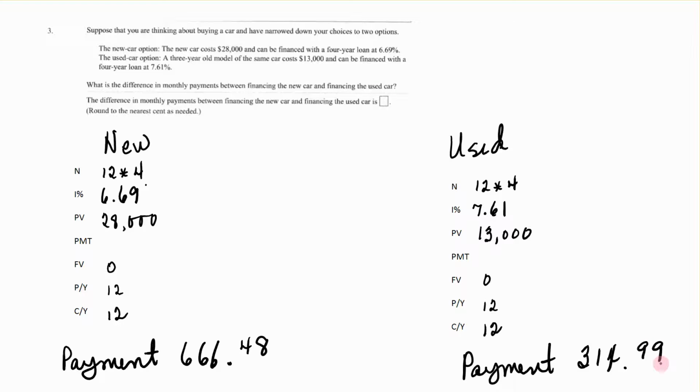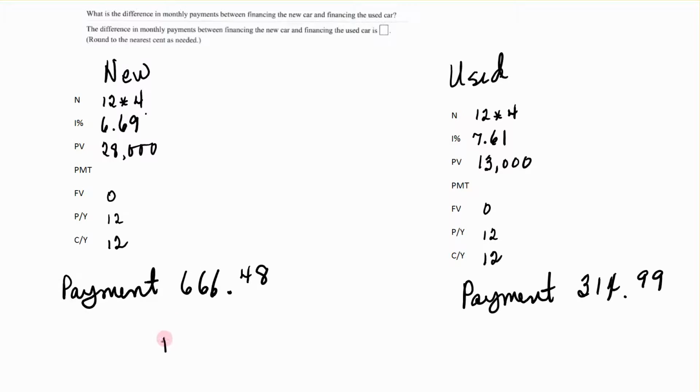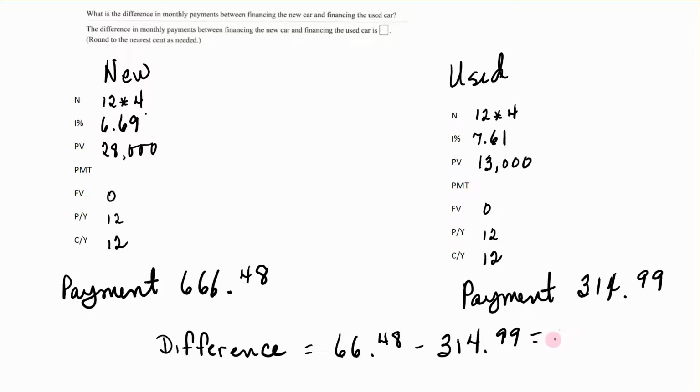Okay, now it does not ask me to give those payments. It simply says, what is the difference? Okay. So I will take 666.48 minus 314.99, and I get, I'm not even going to show it on the calculator, but I get $351.49.